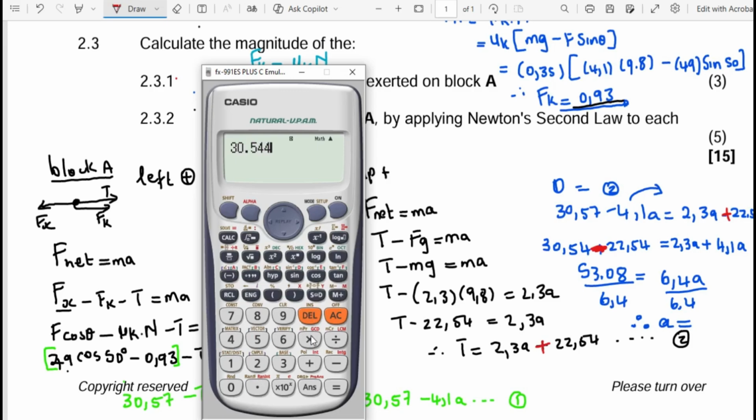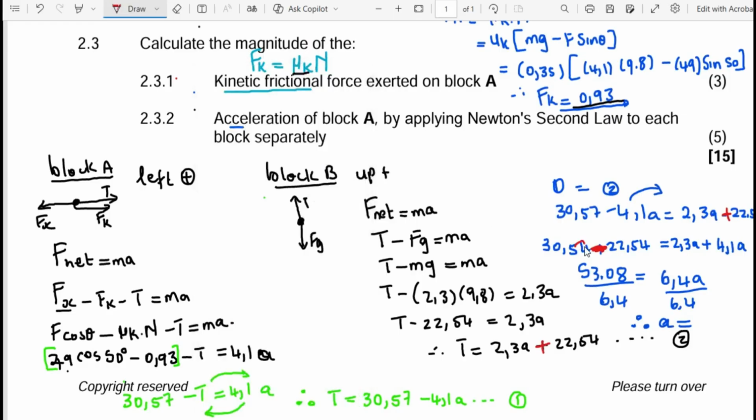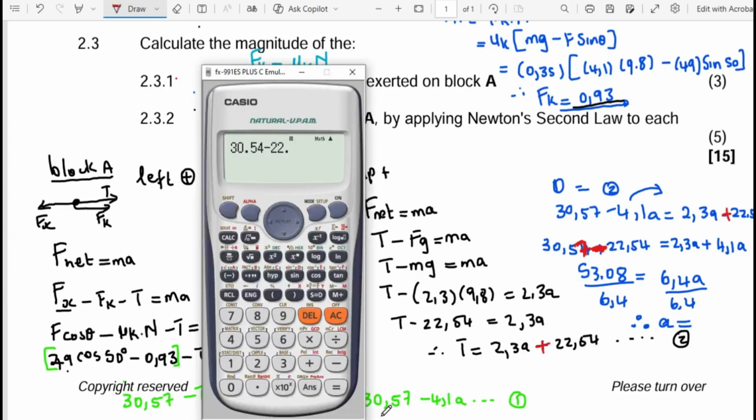Let's say 30.54 we minus 22.54. And is this not 30.57? I'll definitely fix that now. So it's 57. So I think you guys can see how easy it is to lose marks.